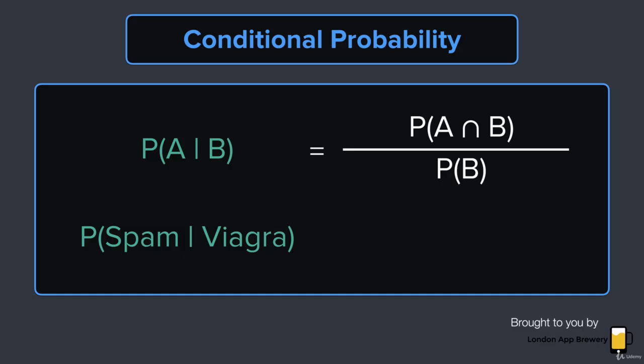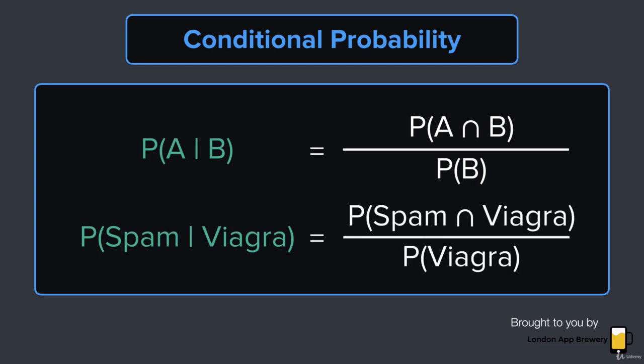The probability of an email being spam, given that it contains the word Viagra, is equal to the probability of an email being spam and containing the word Viagra, over the probability of an email containing the word Viagra.